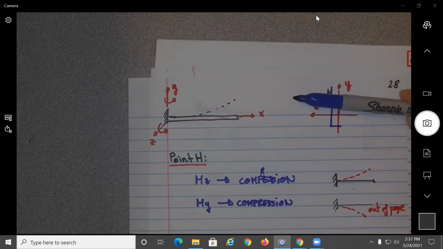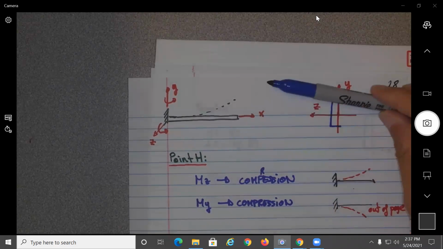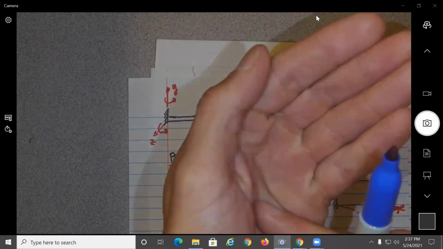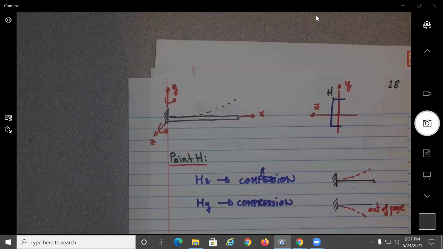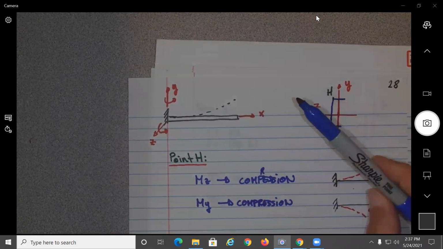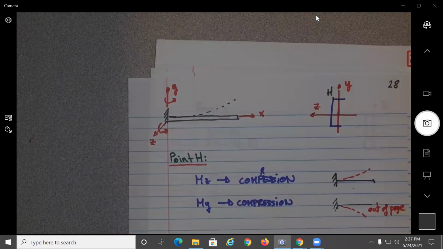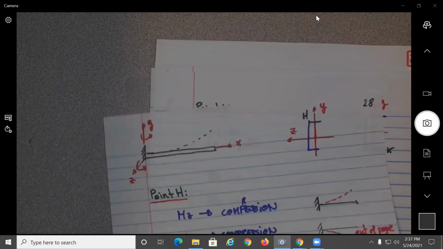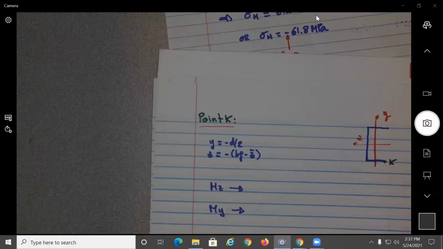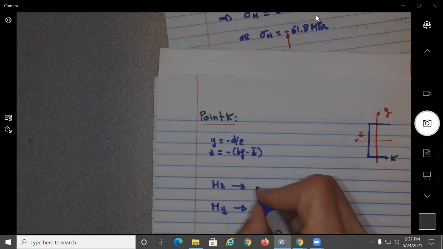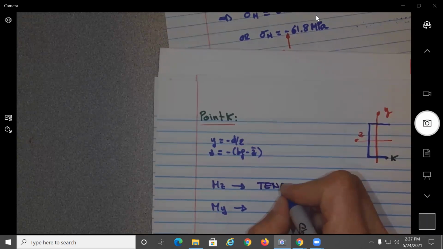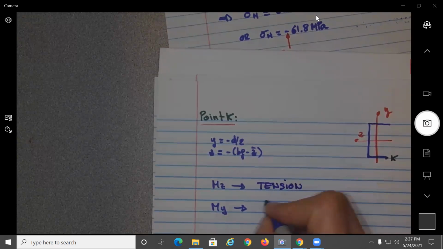Why was it here? If this is bending up, what does that mean? This area is up, so this side is compression, this side is tension, no? Okay, and you will have the same issue where you have the bending out of the page. Since we run out of time, we know this will give you tension, and this one will give you tension.